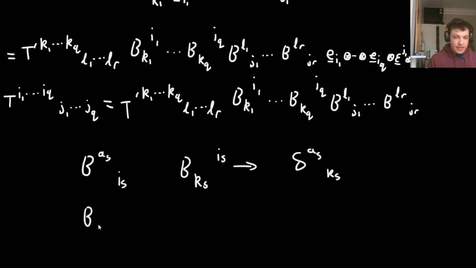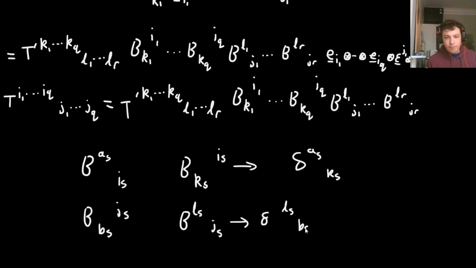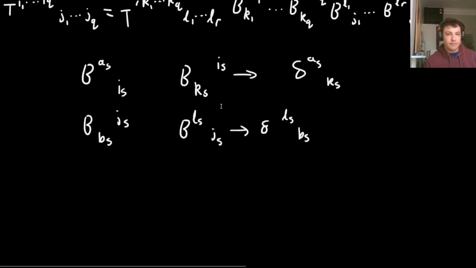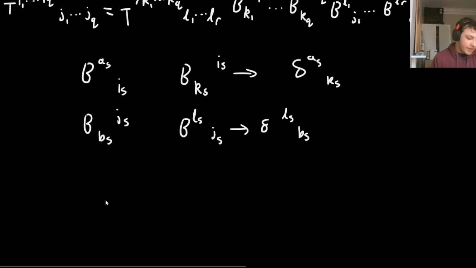Likewise, when we stick in a B_{BS}^{JS}, then it's going to react with a B^{LS}_{JS} to give a delta LS BS, which is going to swap one of these L's into a B.